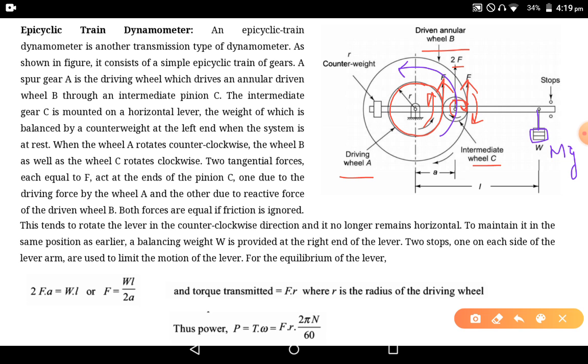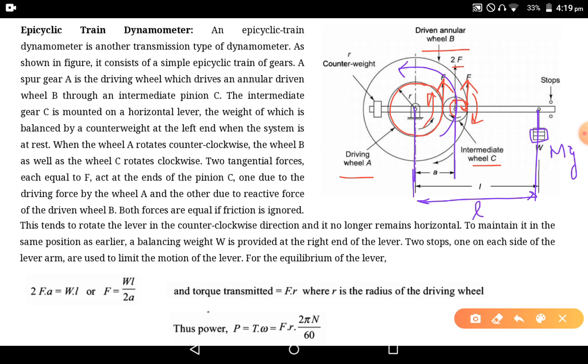So let's say mg was the total weight which we have placed for balancing this lever, right, and the distance of this intermediate wheel from the fulcrum of the lever is a, and the distance of this effort point, or the point at which you have put the weight, is L from the fulcrum of the lever, right. So let's balance the moment about the fulcrum of the lever.